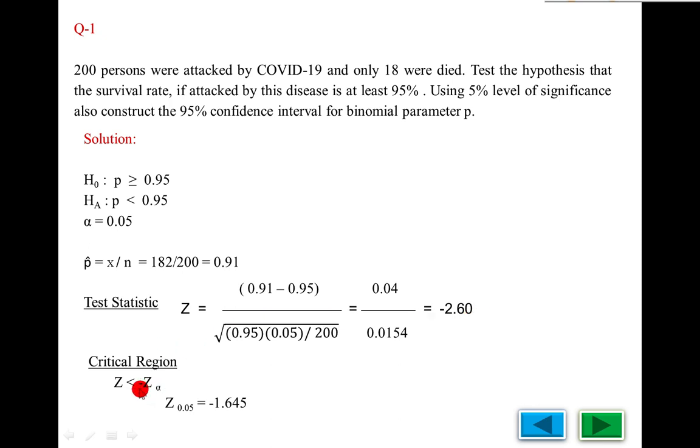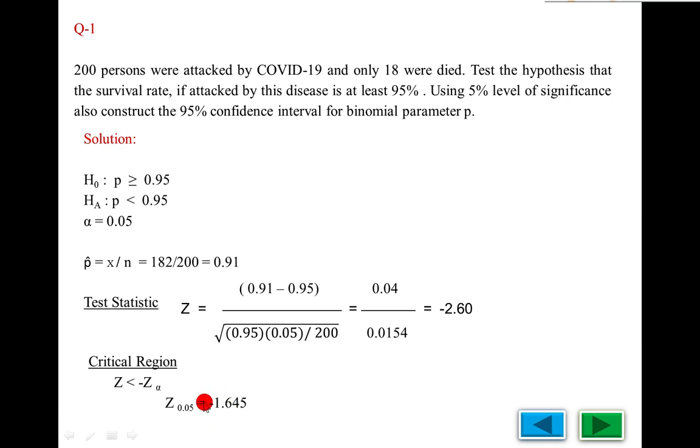Now the critical region: the alternate is less than, so we will choose this. Minus Z alpha, find alpha equal to 0.05, the table value from the normal distribution table, the same as for the mean you have used many times. The value is minus 1.645.